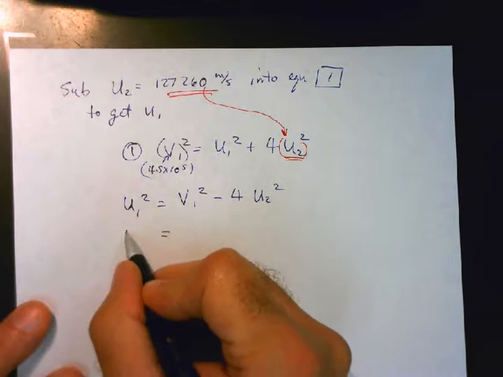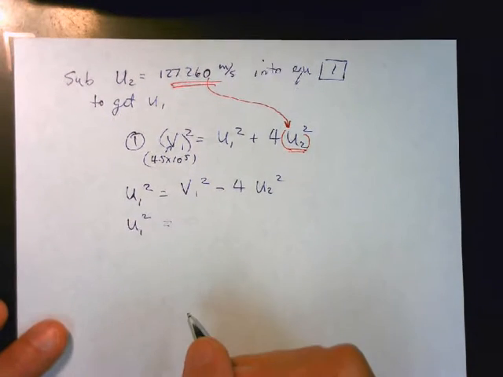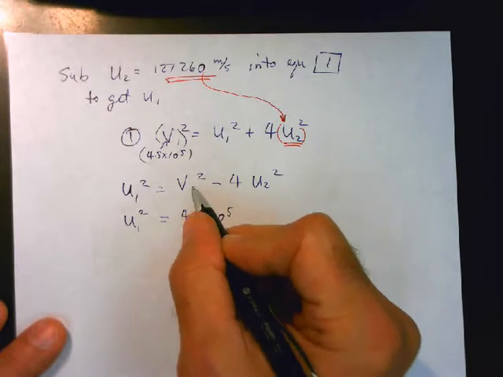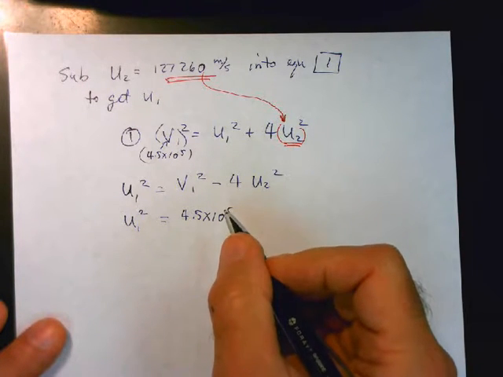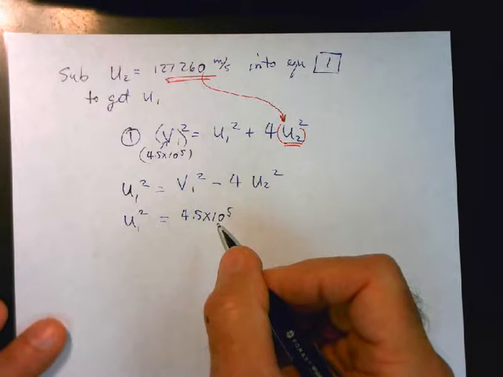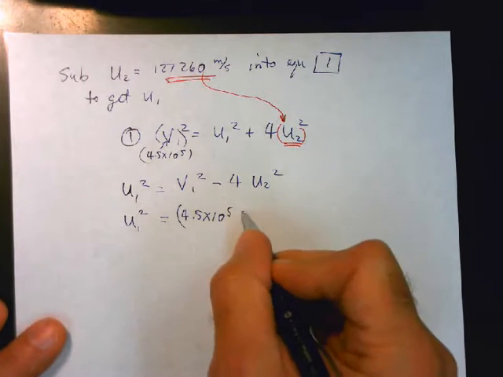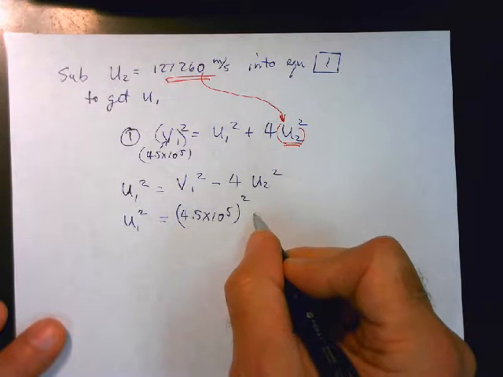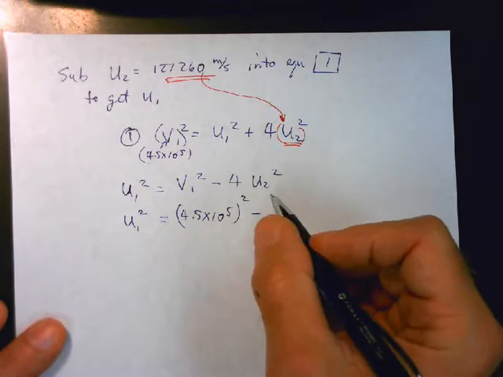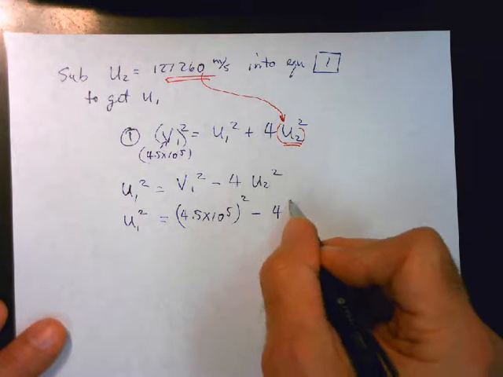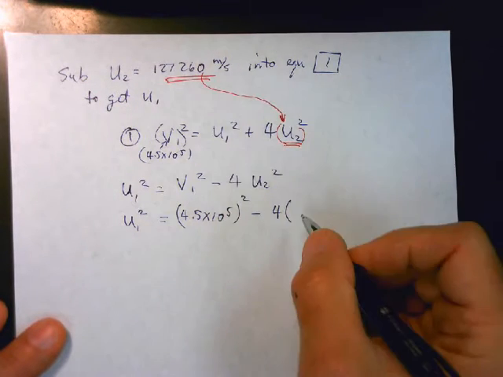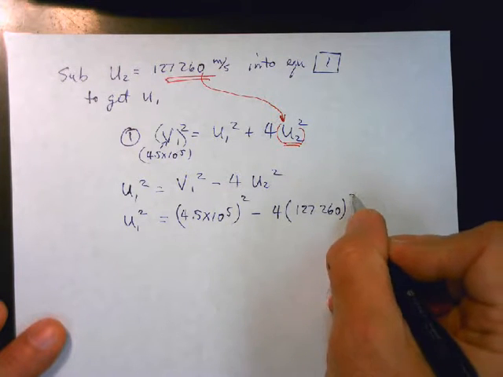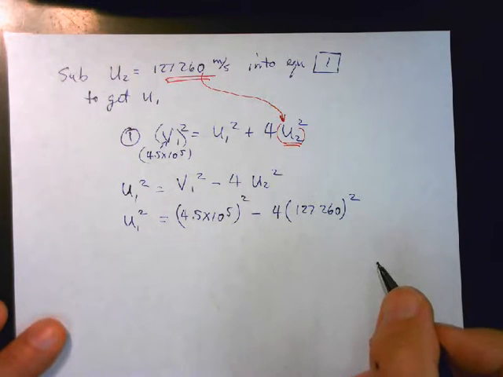Okay, so now we can just go ahead and continue the process here. I'll plug in my 4.5 times 10 to the 5th for V1. I need to square that. Okay, and then minus 4 times U2, and the U2 I'll substitute that in, 127,260, and I need to square that.